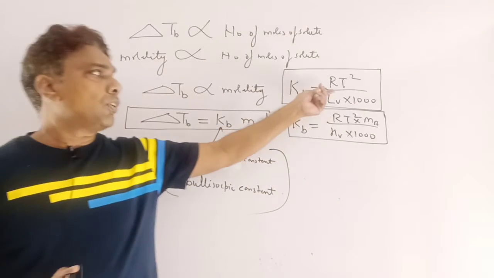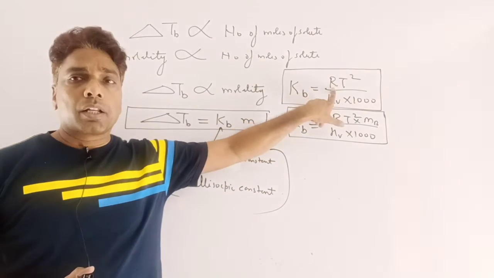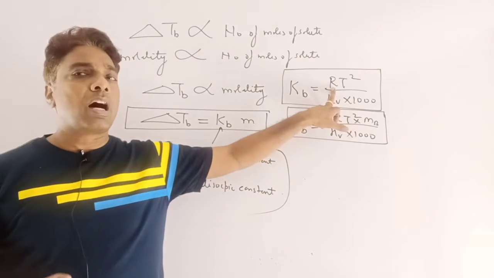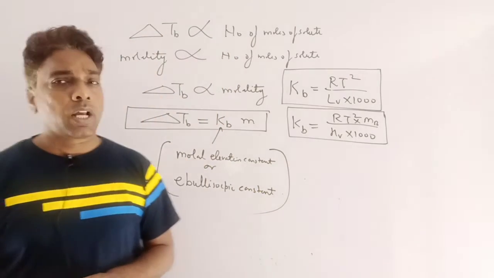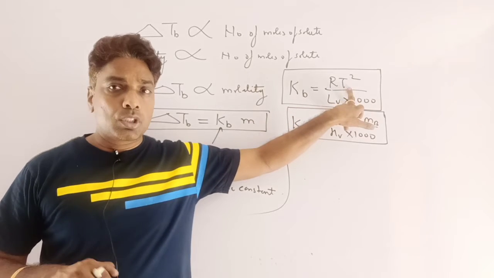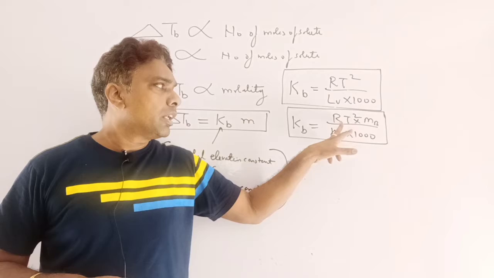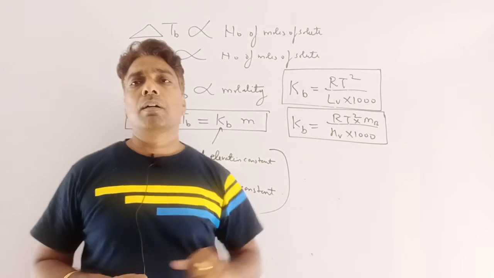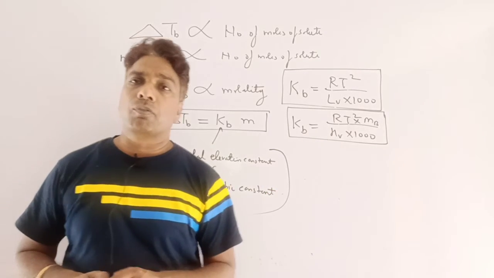In the formula for the calculation of Kb, R is the universal gas constant. In terms of joule, the value of R is 8.314, while in terms of calorie it is nearly 2. T is the boiling point of the pure solvent. LV is the latent heat of vaporization. In the second formula, R is the same universal constant, T is the boiling point, MB is the molecular weight of the solvent, and HV is the enthalpy of vaporization.